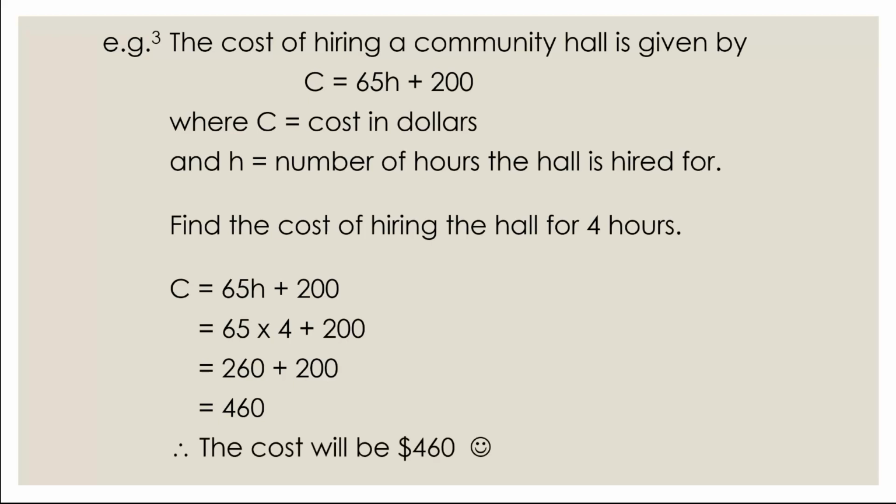The cost will be $460. So I'm hoping you see the difference there. We hadn't actually answered the question when we just said C equals 460. We had to find the cost. $460. That's the cost. So just go that one extra little step and make sure you're addressing what the question wants you to address.